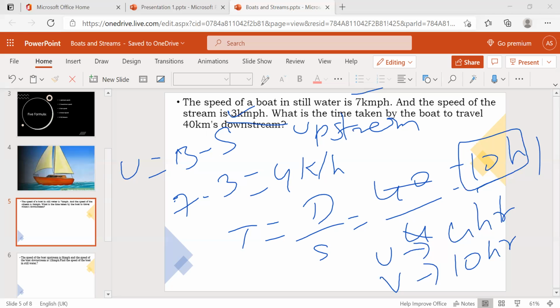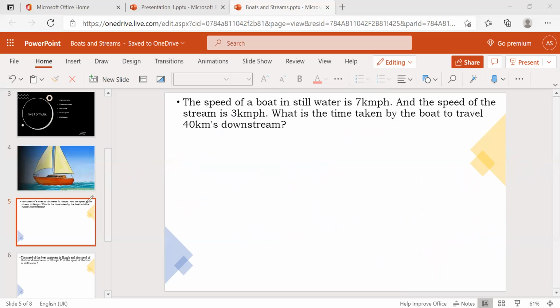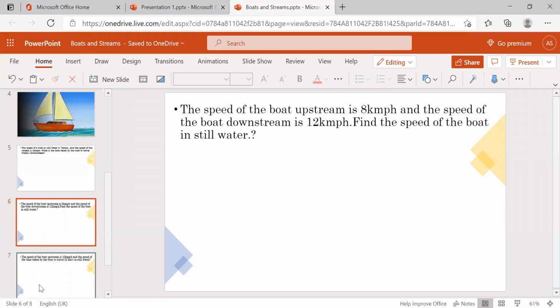Okay, now we'll move to another question, a basic question. The speed of the boat upstream is 8 kilometers per hour, and the speed of the boat downstream is 12 kilometers per hour. They've given the boat's upstream speed and downstream speed. Find the speed of the boat in still water.